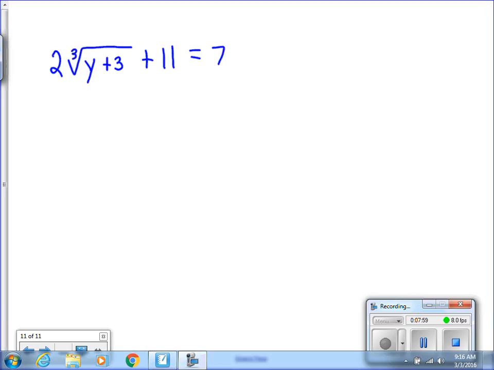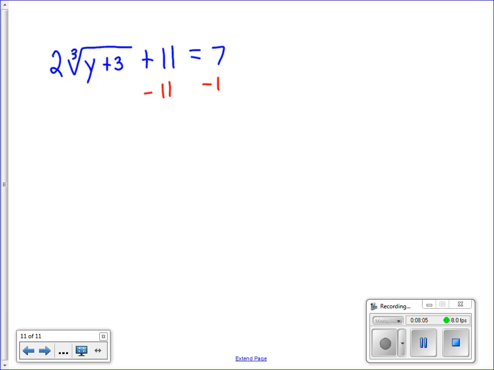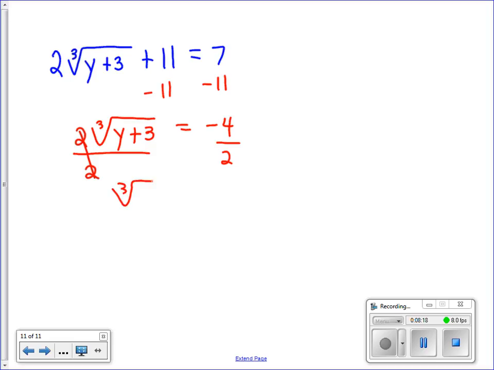Which one's right? -1. Alright, let's check. So I'm going to start out subtracting 11. And that's going to give me -4. And then I divide by 2. And I have a -2.